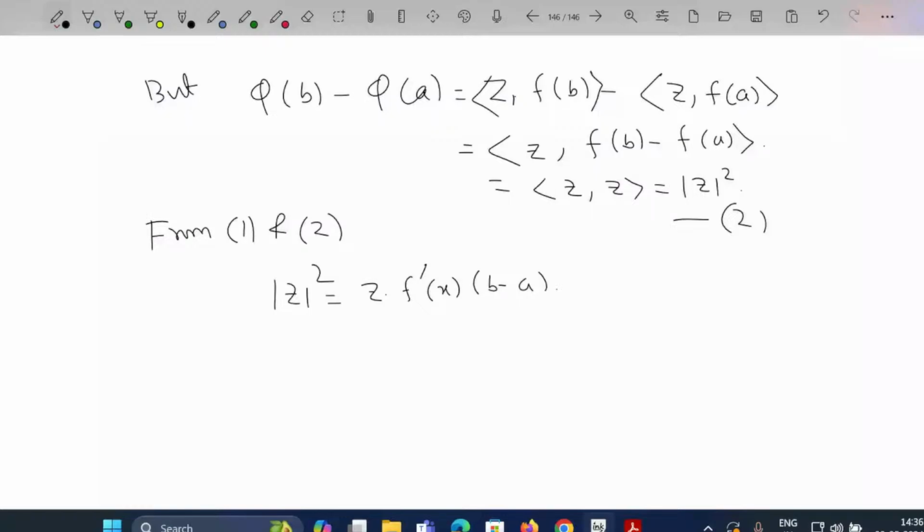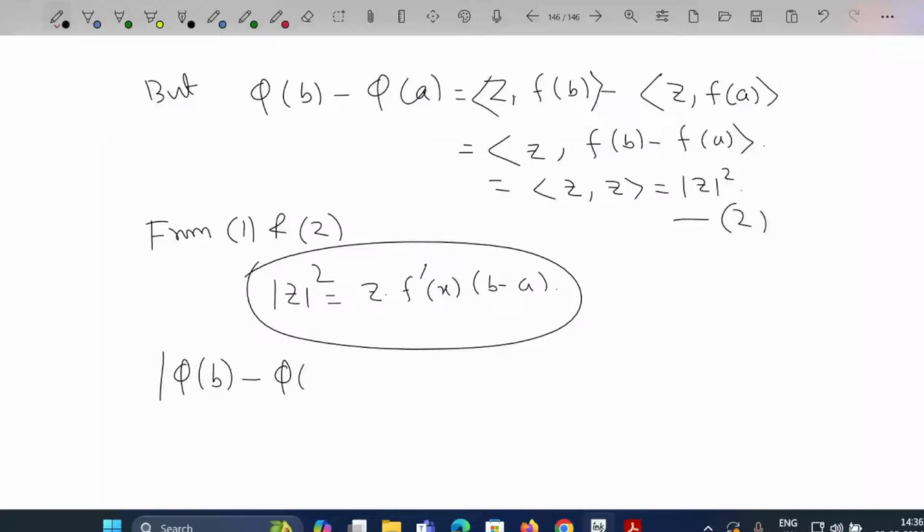Actually we might not need this, but anyhow we get this information. Now we have to calculate phi of b minus phi of a. If we take the modulus of it, it is less than or equal to mod of j dot f dash x into b minus a, correct?